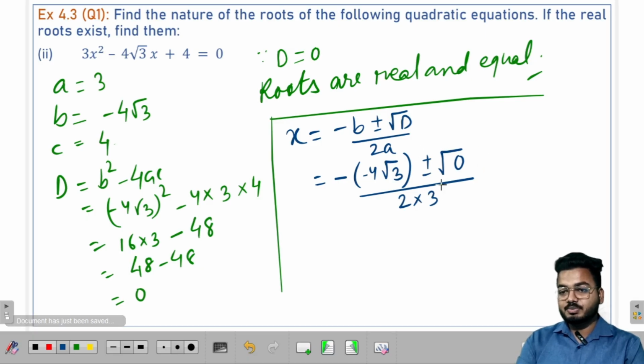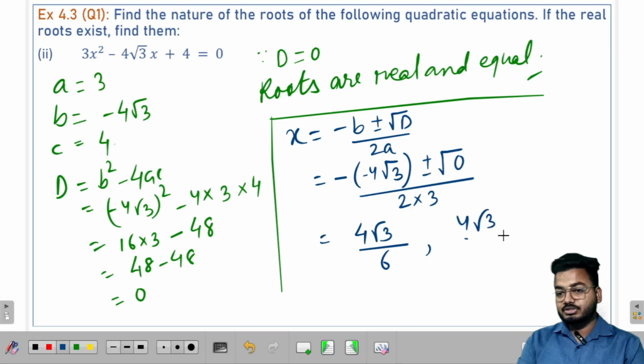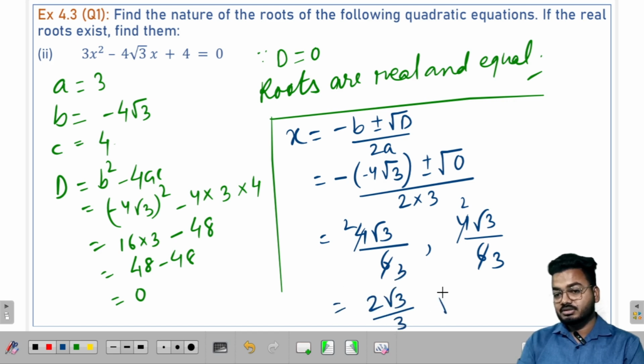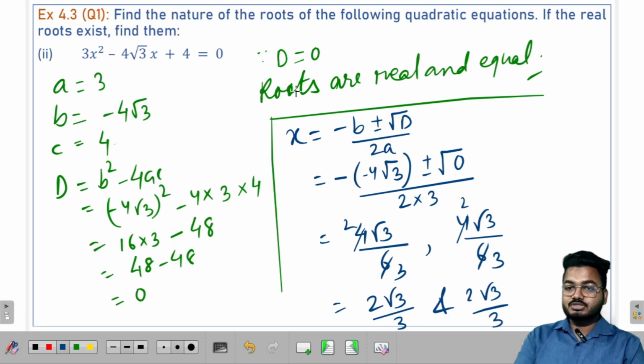Since it makes no difference, I can remove this part. So 4 root 3 divided by 2 3s are 6. Okay, 4 root 3 divided by 6, if we simplify, it will be 2 3 2 3. So the roots will be 2 root 3 by 3 and 2 root 3 by 3. Both are the same. Why? Because the value of d came out to be 0.